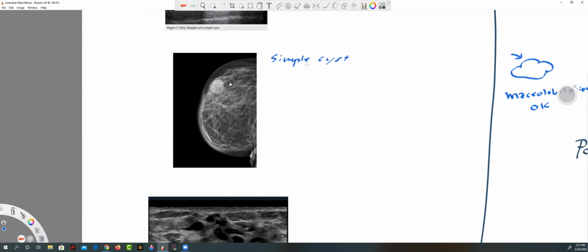cyst. Now, the doctors, in fact, I have some, let's make sure I continue to follow my notes, right? Oh, that's all my biograms.